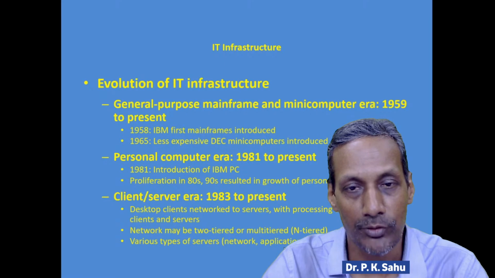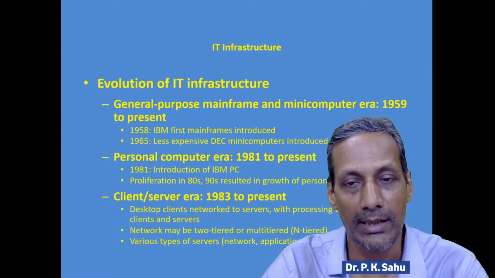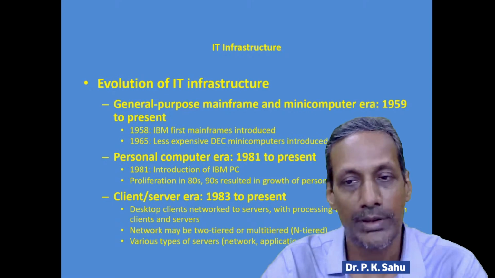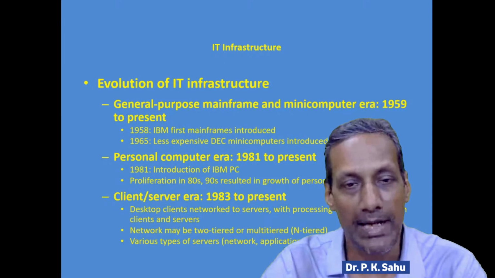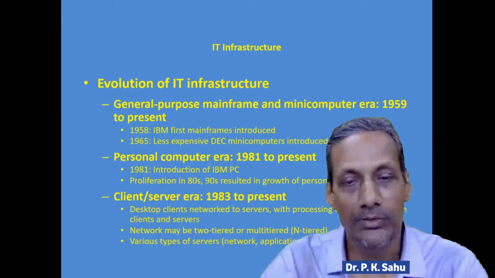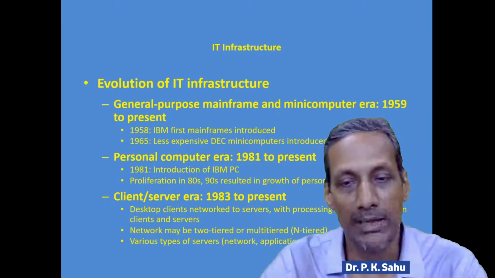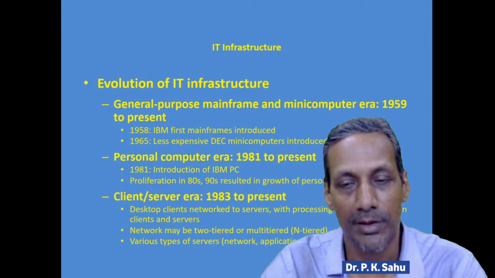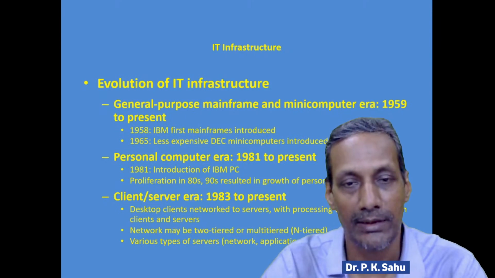From 1983 till present, we are in the client-server era, wherein desktop clients network to servers with processing work split between the clients and the servers. Networks may be two-tiered, multi-tiered, or n-tiered. Various types of servers like network servers, application servers, and web servers also developed in this era.